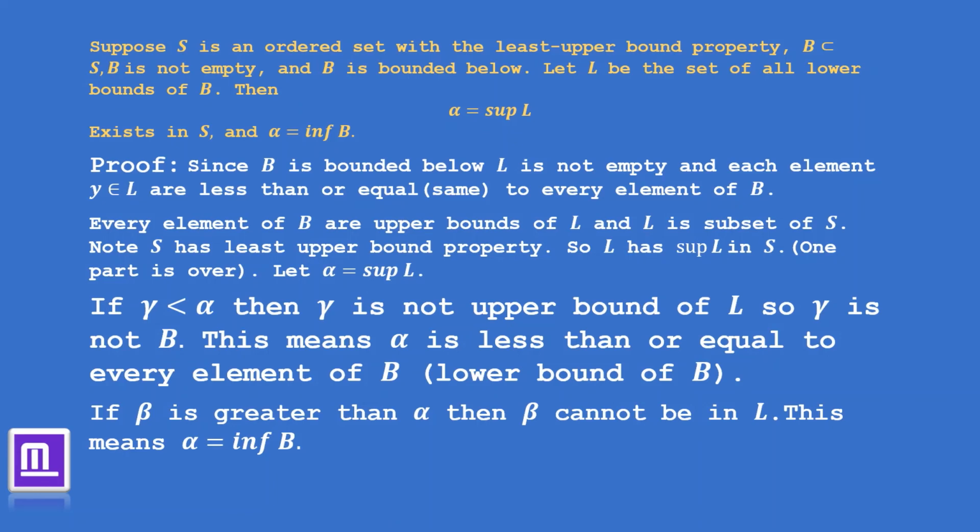Then define carefully the supremum and infimum, and then go for the least upper bound property. There you have a new number system which has almost all the very important features of the real number system.